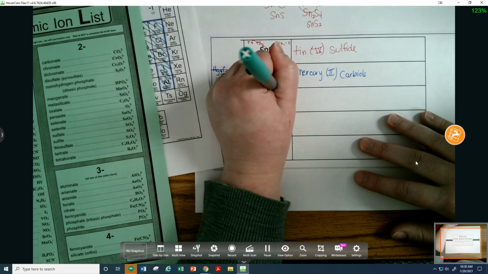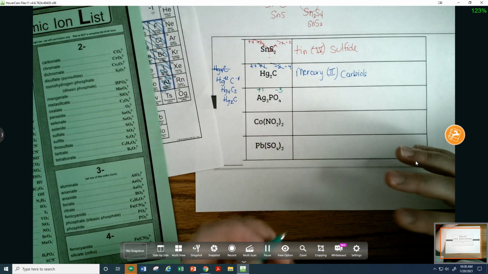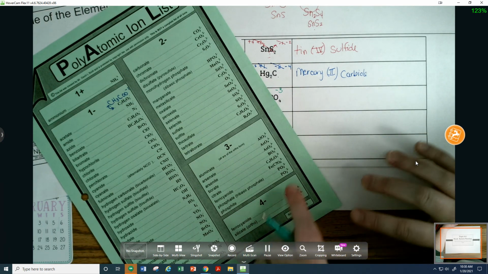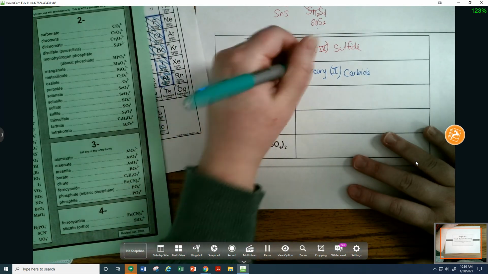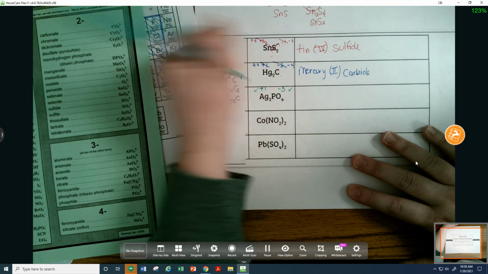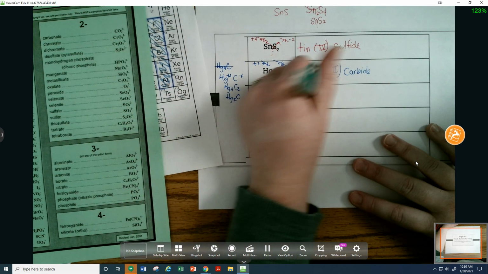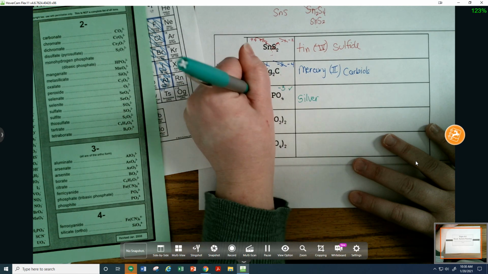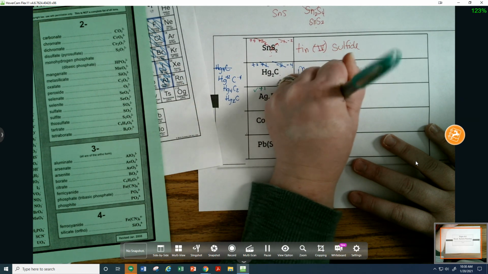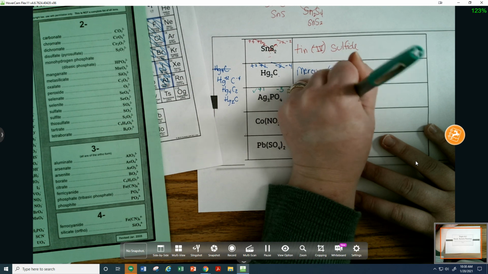I'm bringing up the -3 to the PO4, which if you verify, PO4 is a -3. So this is correct. So Ag is silver. The charge of it is a 1. The polyatomic is phosphate.